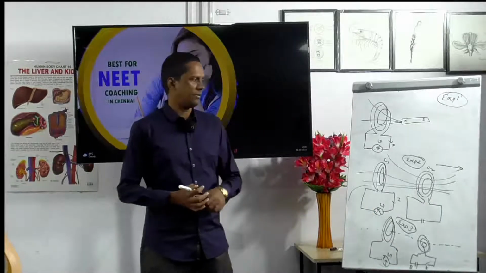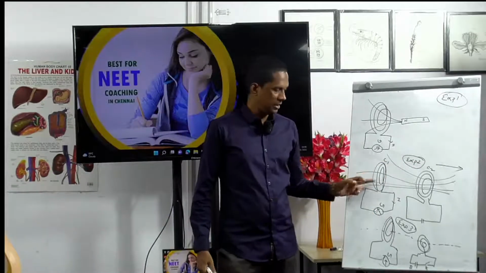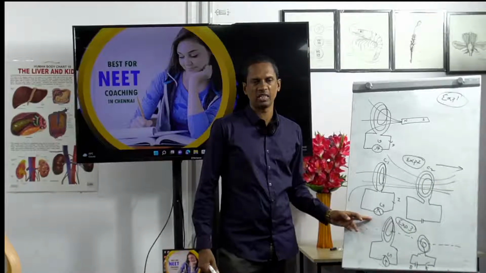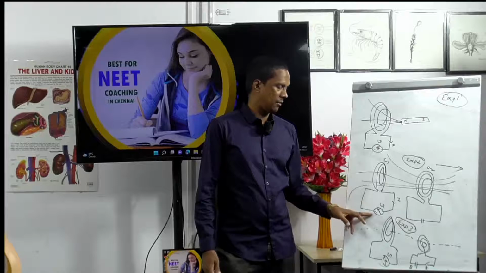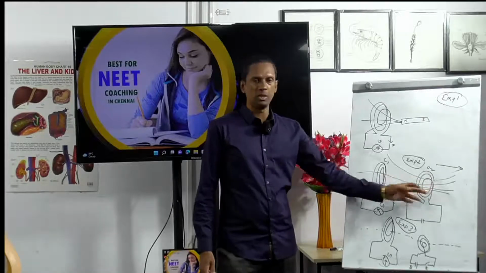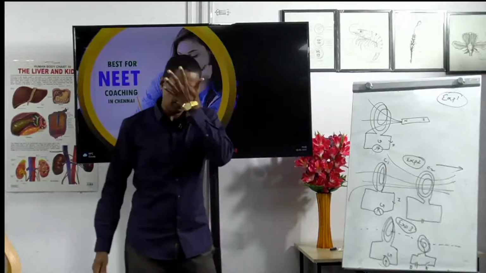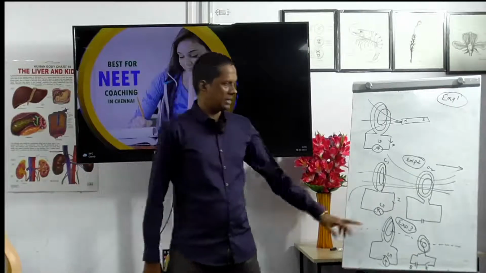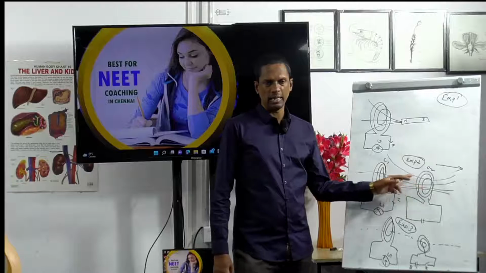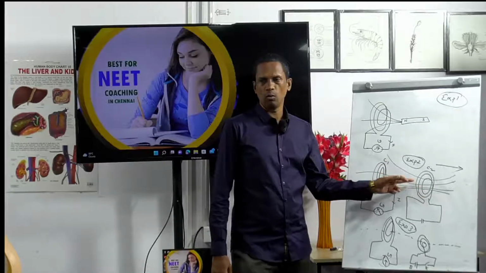When there is a shift, what will happen? Immediately the current shows deflection in the galvanometer. That means when it is moved, why is it showing current? Power is supplied, and the current is moving.